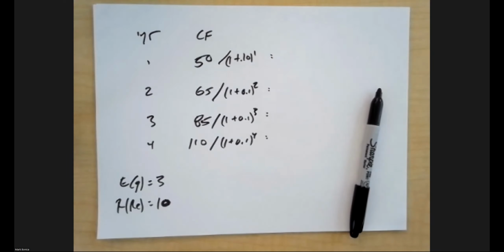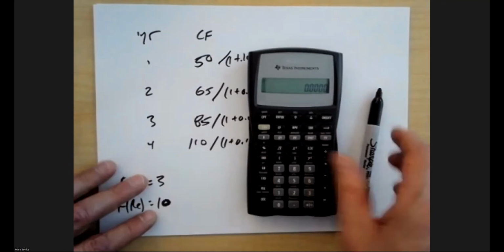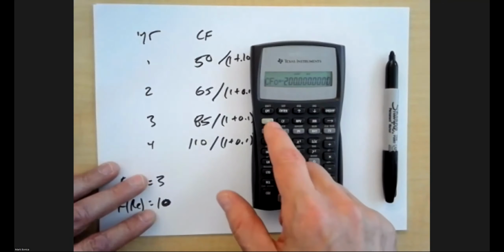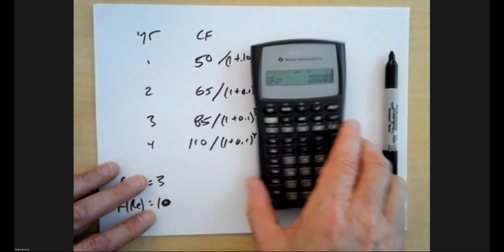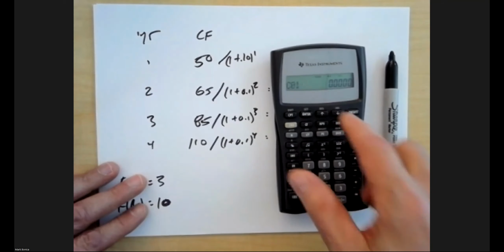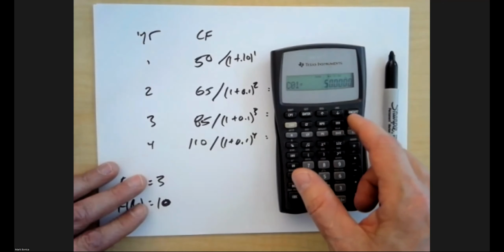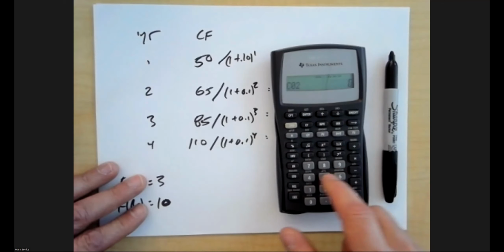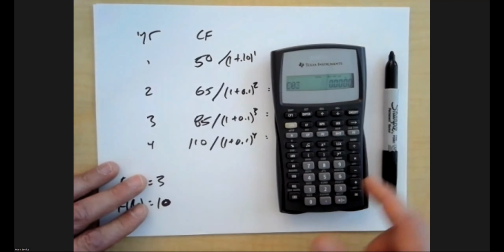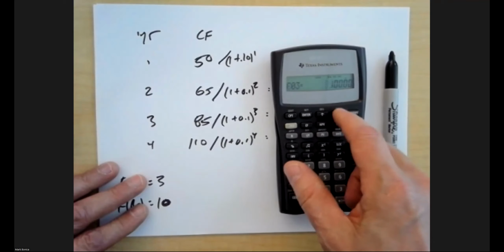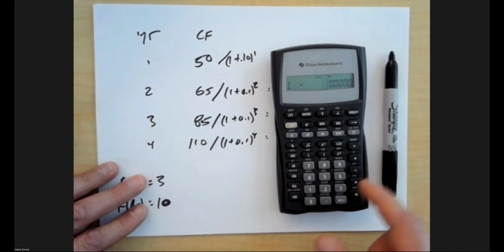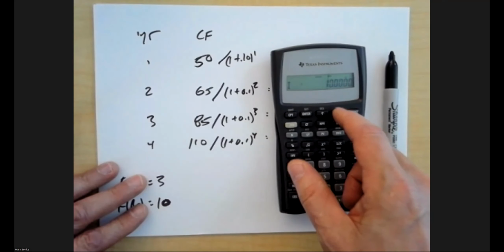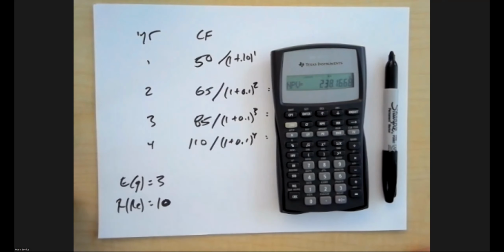Another way you could do it is the cash flow register. Make sure you clear it. I have a CF0 of 0, a C01 of 50, C02 of 65, C03 of 85, C04 of 110, I is 10, NPV, compute, and I get 238.